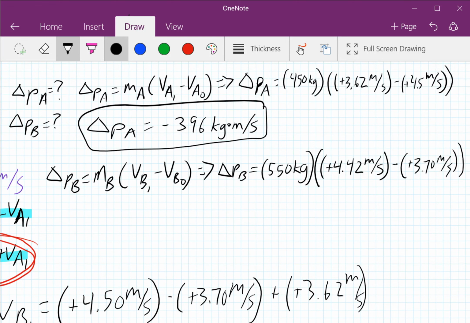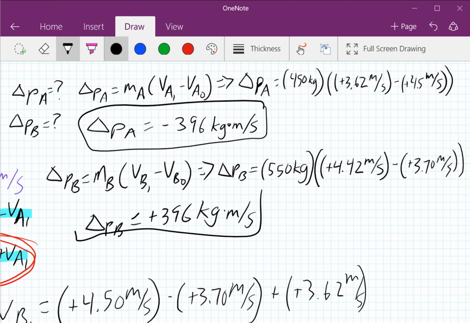And yes, you do. You get delta PB equals a positive 396 kilogram meters per second, just as you should hopefully expect.